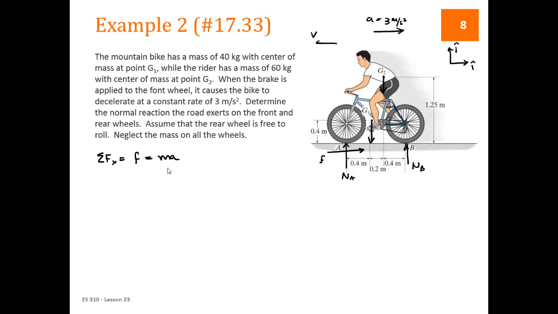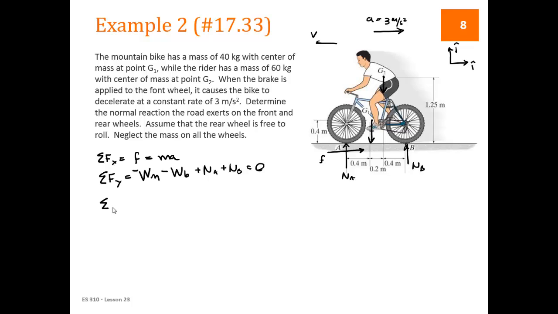All right, then in the y direction, we have the weight of the man going down, the weight of the bicycle going down, plus NA going up, plus NB going up is equal to 0 because there's no acceleration in the y direction. Now we have moments. Now we can't just sum moments and set it equal to 0 because we have two center of masses. So we'd have to split the bodies up in order to do that.